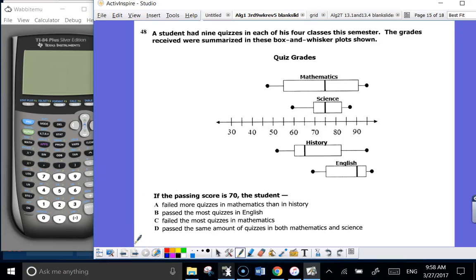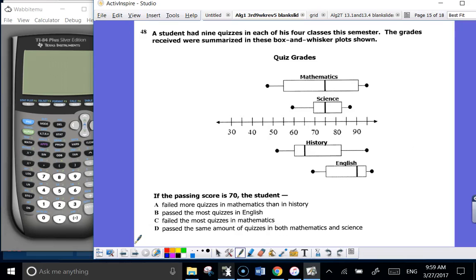Okay, let's look at another one. So this is a box and whisker for 4 different subjects. Looks like quizzes. And we have to say if the passing score is 70 for these quizzes, then A, the student failed more quizzes in math than in history. Let's see.